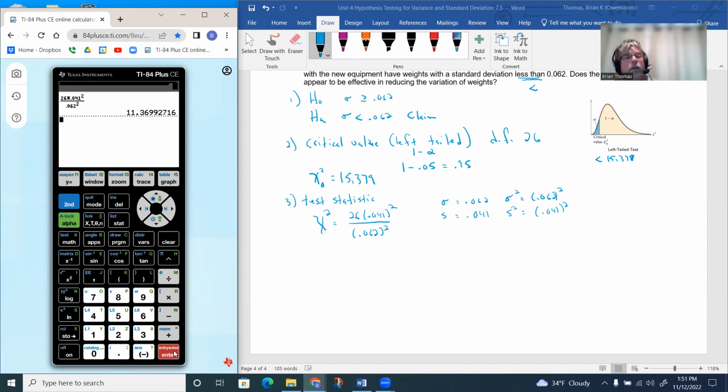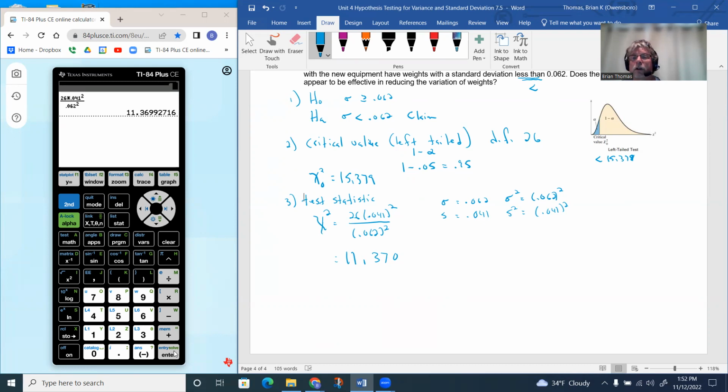Hit enter, and our test statistic is 11.3699. So it's going to be actually 11.370, since 69 we have to round up to 70.